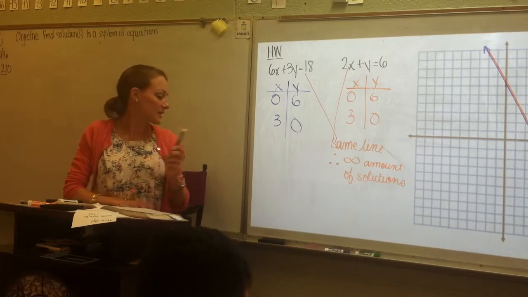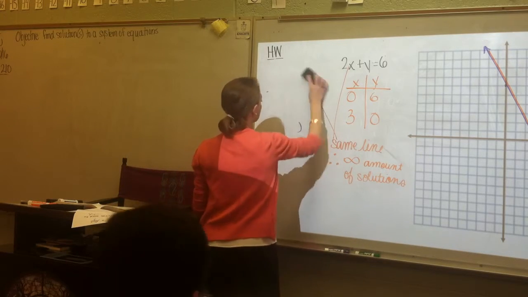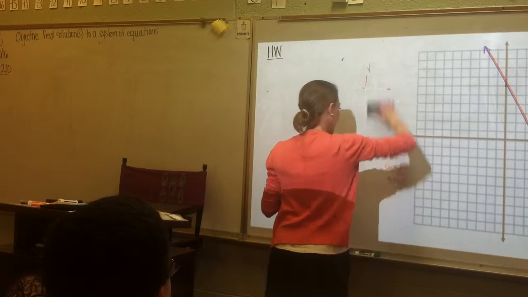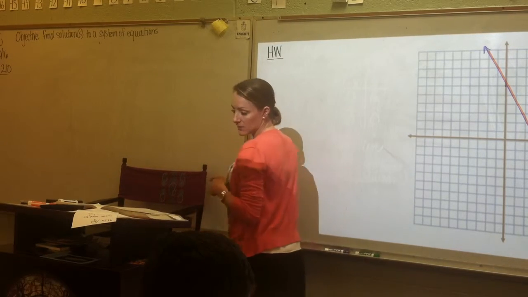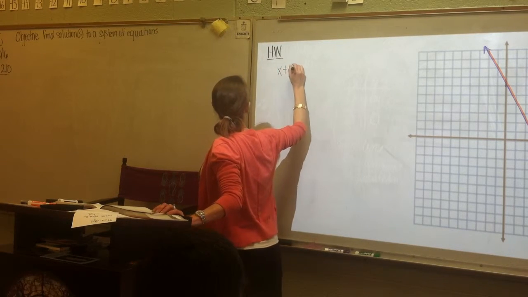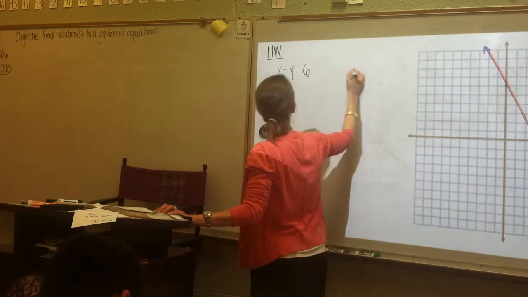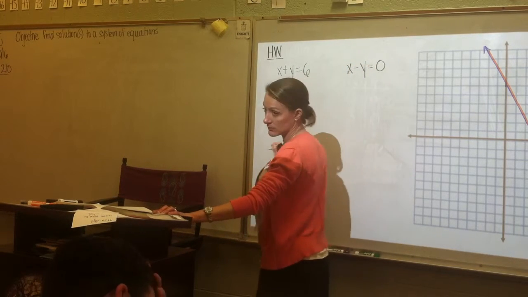Okay, excuse me. Let's practice this really quick. Number 1. Let's get back in the saddle here, people. We have 2 equations. We have x plus y equals 6 and x minus y equals 0.